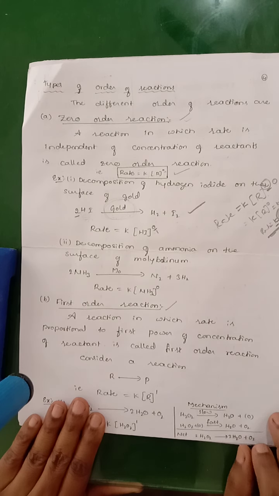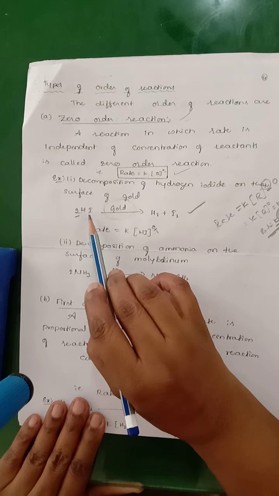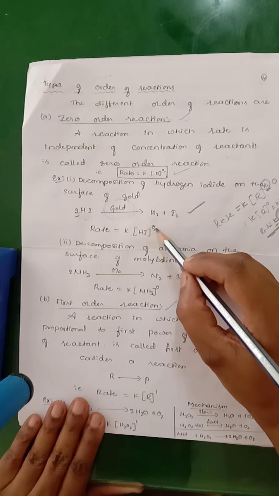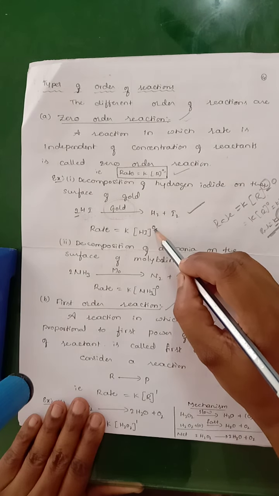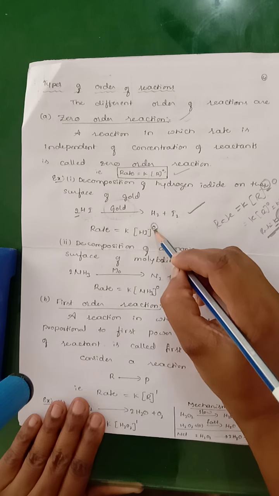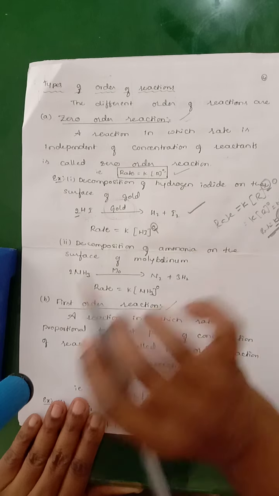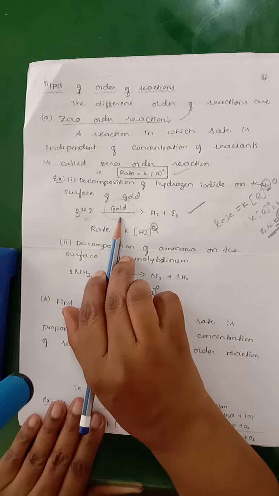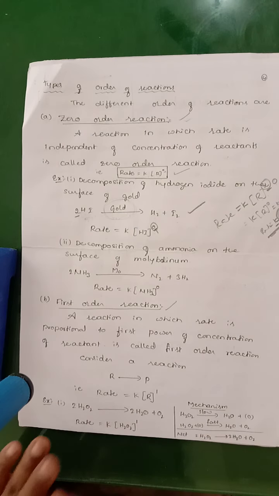In that mechanism we have to select the slowest step. In that slowest step there is no HI term. Because of that reason, concentration of reactant HI power 0. Since it is a zero order reaction, hence we can say decomposition of HI on the surface of gold can be taken as a zero order reaction.